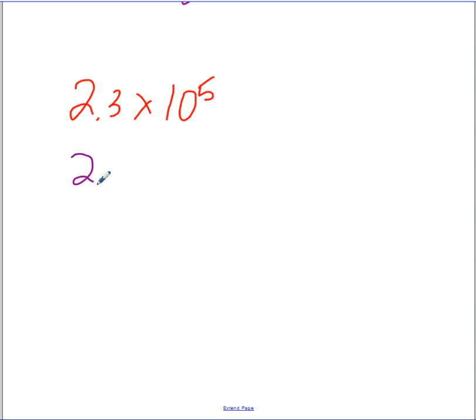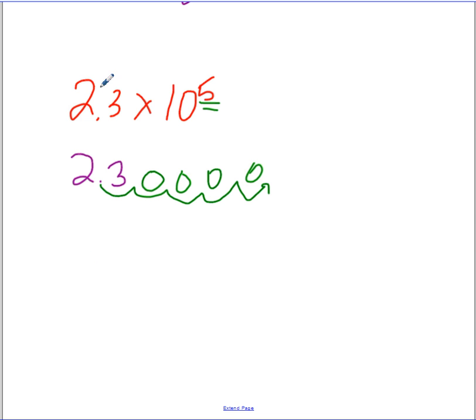So we have our 2.3, and we're moving 5 times. It's a positive, so our number is going to get bigger. 1, 2, 3, 4, 5 times. And now we fill those spaces that we don't have numbers in with zeros. So notice we added 4 zeros.